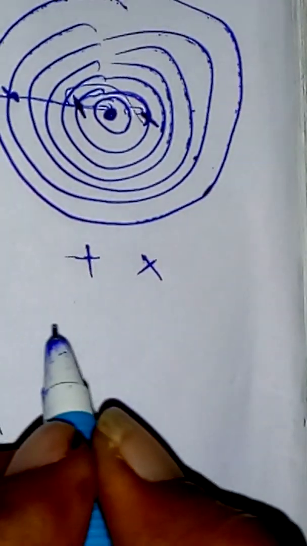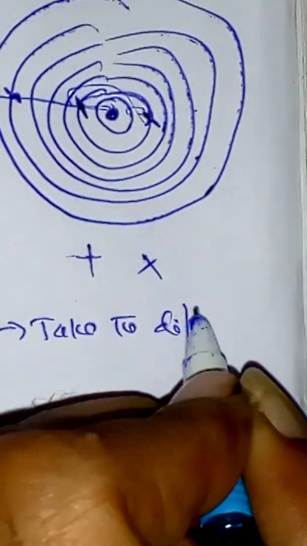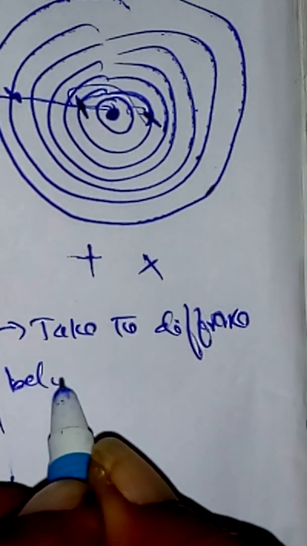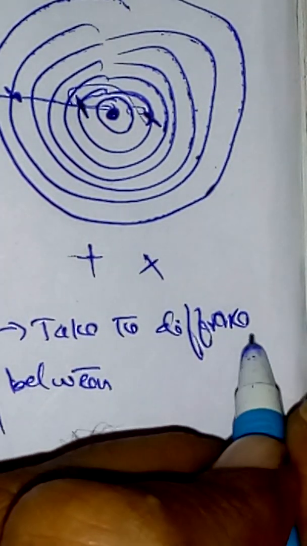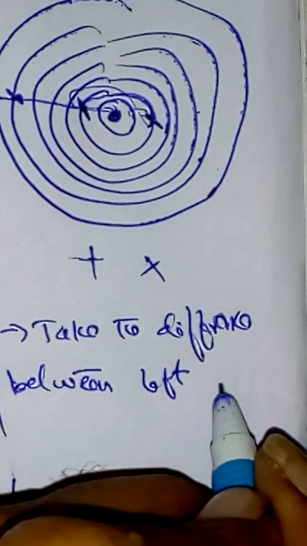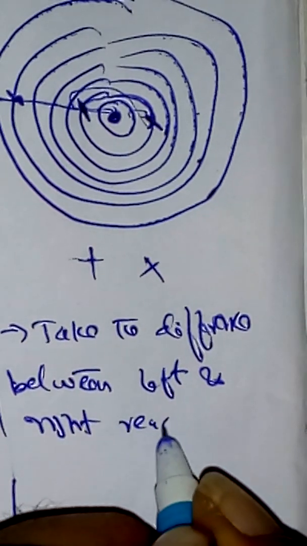So you have taken the readings. Now the next step for you is to take the difference of readings between the left and right readings.